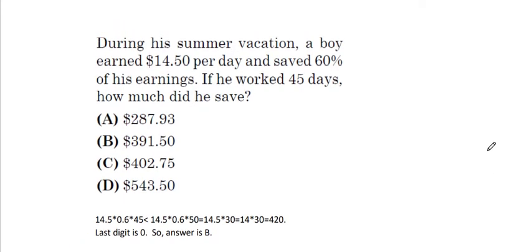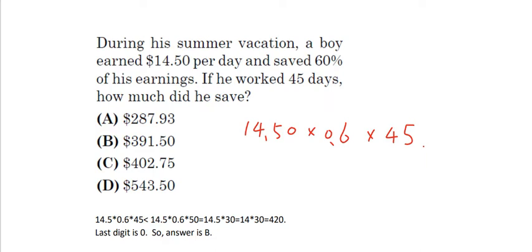So for this one, a boy earns so much money every day and saves 60% of his earnings. He worked 45 days. How much did he save? So one day he saves 14.50 multiplied by 60%, or 0.6, then multiplied by 45. So this is the money the boy saved. So we need to do some calculation.